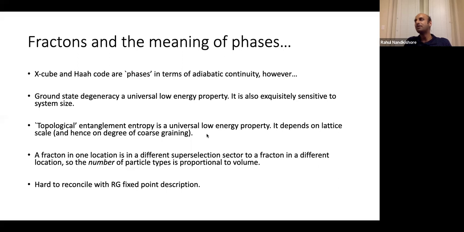Maybe the way I want to answer this question is, we will see later in this talk that you can think of the funny fracton properties as coming about because of emergent conservation laws on multipole moments of charge. Like charge is conserved and, say, dipole moment is also conserved.